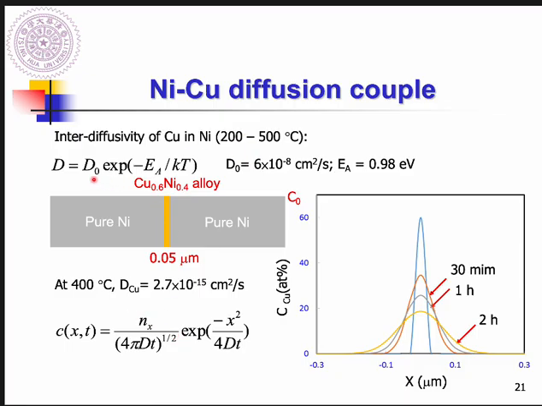In this case, they give you the activation energy and D0, and as long as you know T is 675 K, you get the diffusivity for copper. And you just need to put the time here. Then you can simply plot the concentration profile.